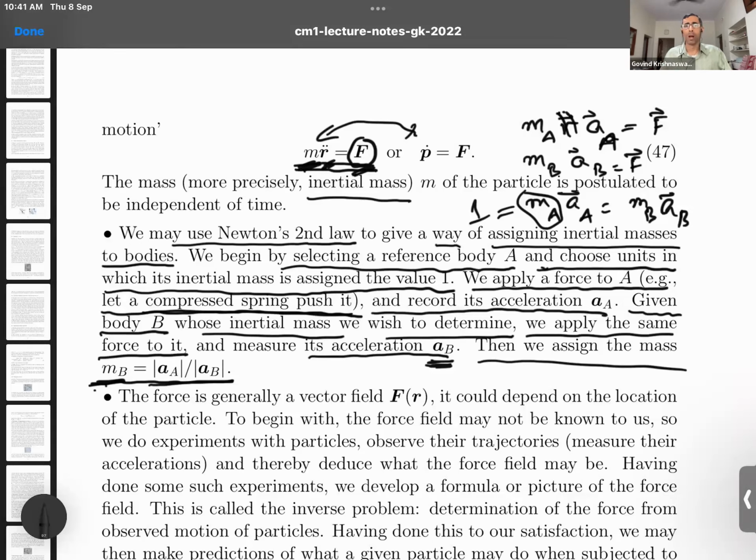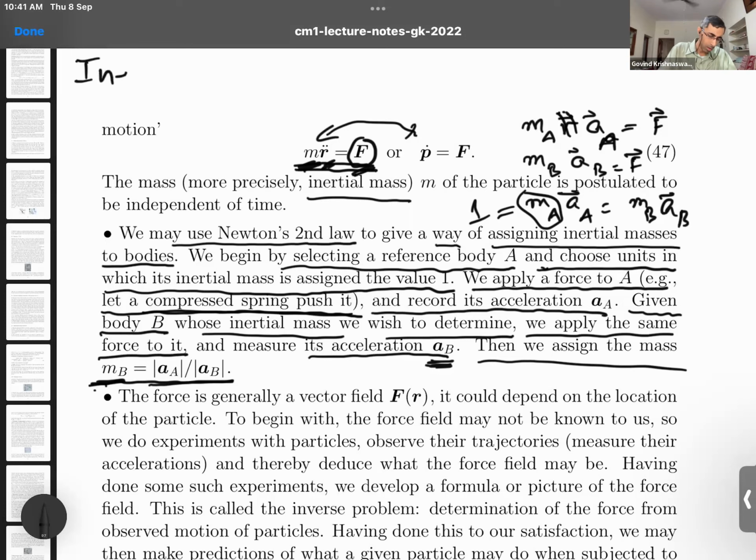So a body with a larger inertial mass undergoes a lesser acceleration for the same force. Therefore, it has a greater tendency to remain where it was. So in English, we would say it has a greater inertia. That is the reason why we call M the inertial mass.